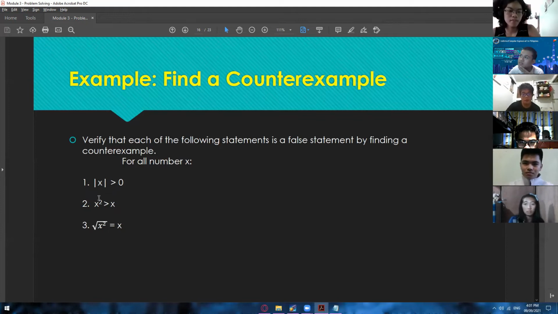No, because that would be greater than 0. I don't want to go to the other slide because it will show the answers for number 2 and number 3 also. Anyone who can find the counterexample of number 1?